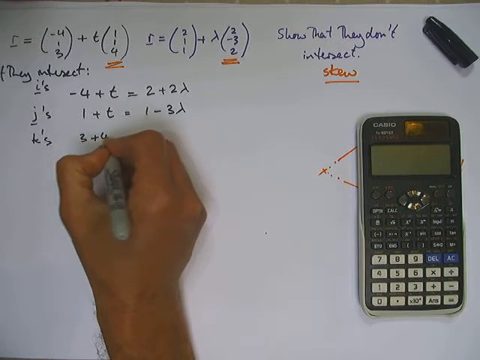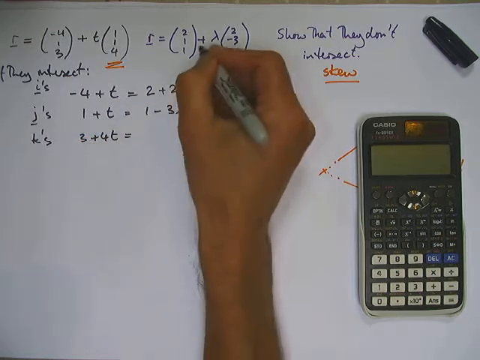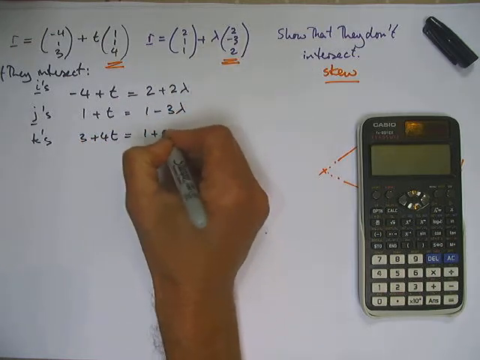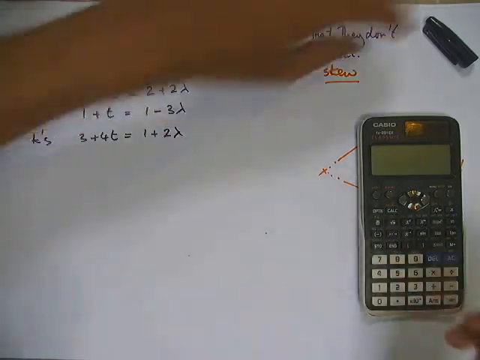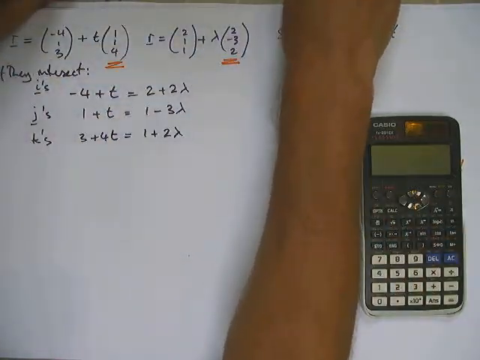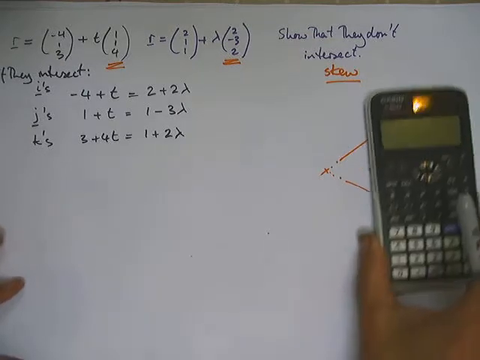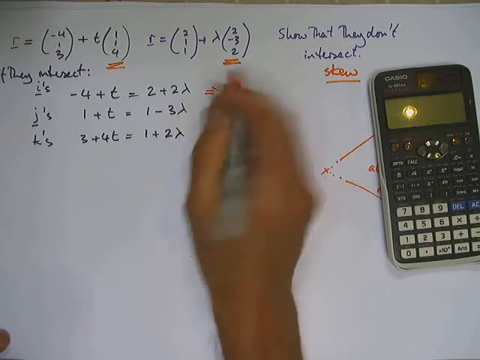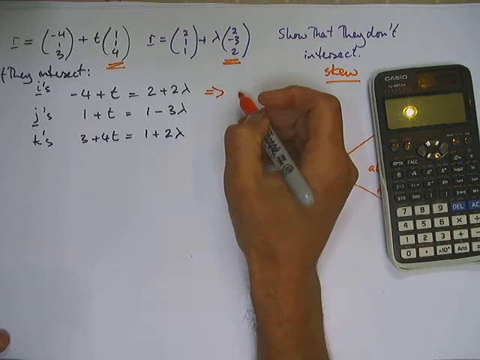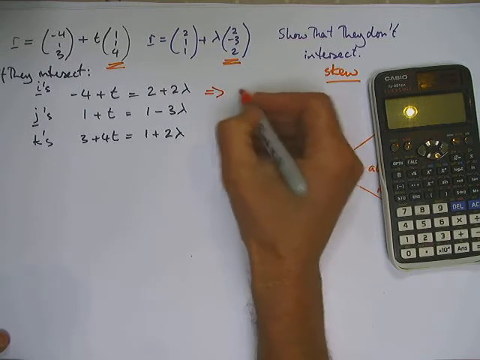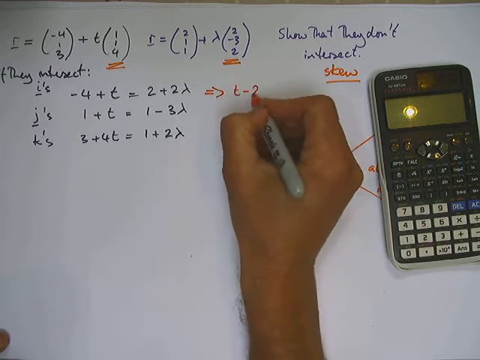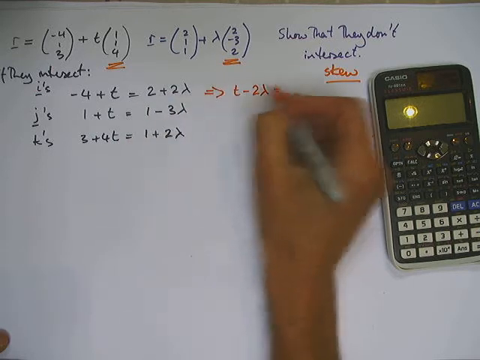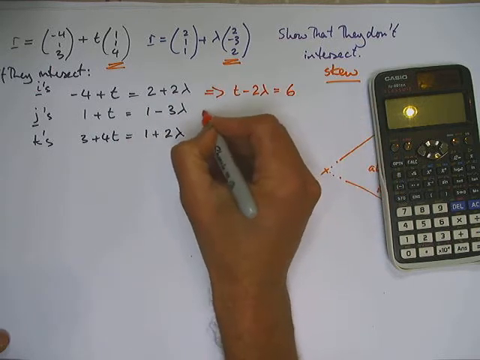3 and 4t equals 1 plus 2 lambda. Should we just remind you there is a different way of solving these at A level from GCSE. I could write this one as t take 2 lambda is 6.